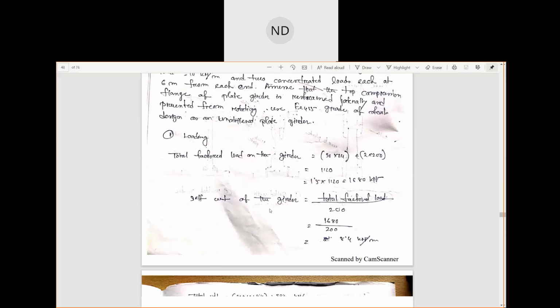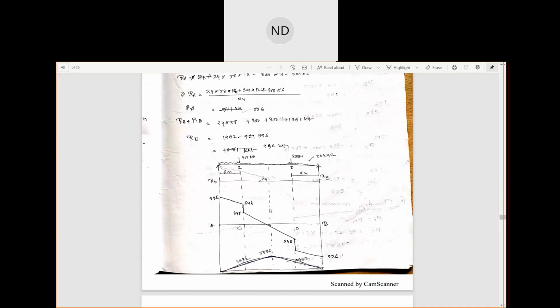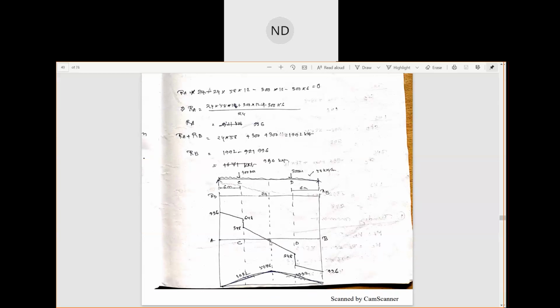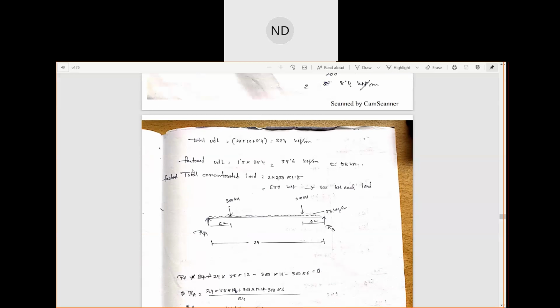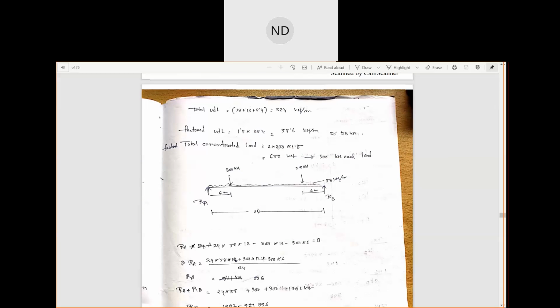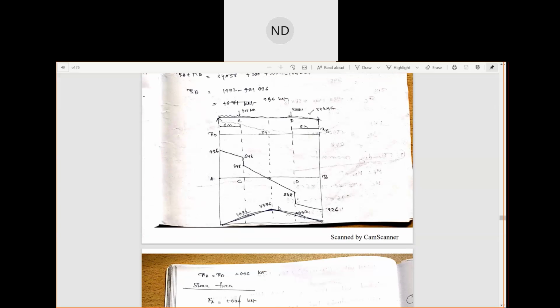We had started with this total factored load. I asked you to calculate the shear force and the bending moment, after we calculated the loads, all these UDLs, live load, dead load, self weight, etc. We had calculated our shear force and the bending moment; the maximum bending moment we got to be 5976.